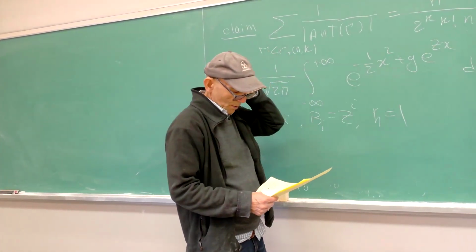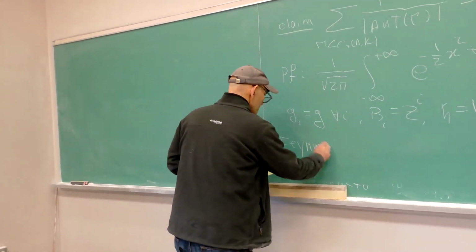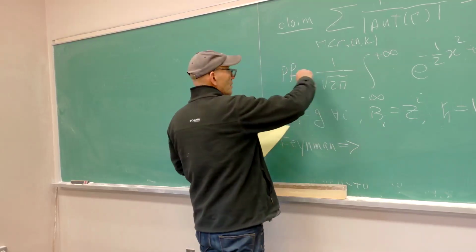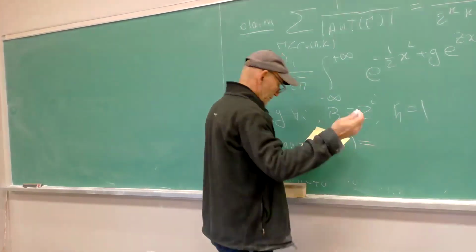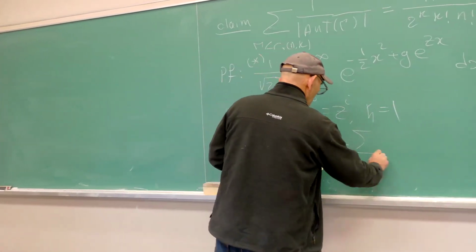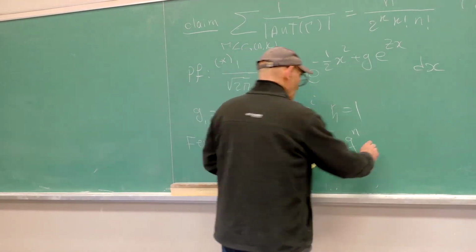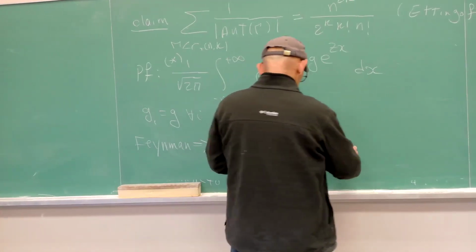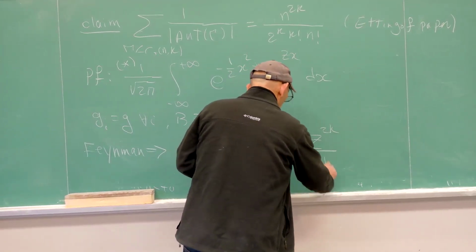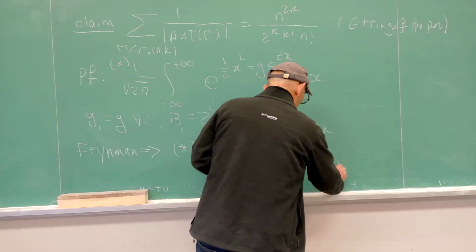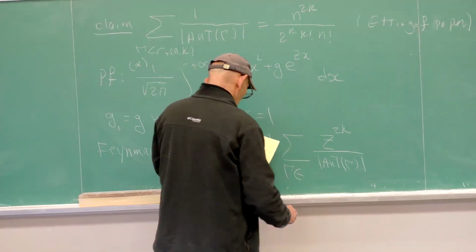So Feynman's theorem tells us that this integral, let's call it star, is equal to the sum over graphs, sum over n greater than or equal to 0, where in front of each term is z to the power 2k over the symmetry factor of gamma, gamma belonging to G and K.